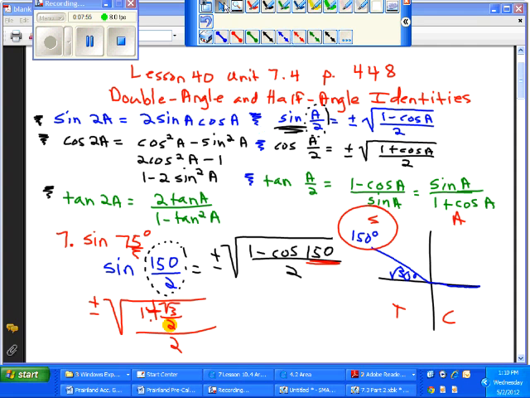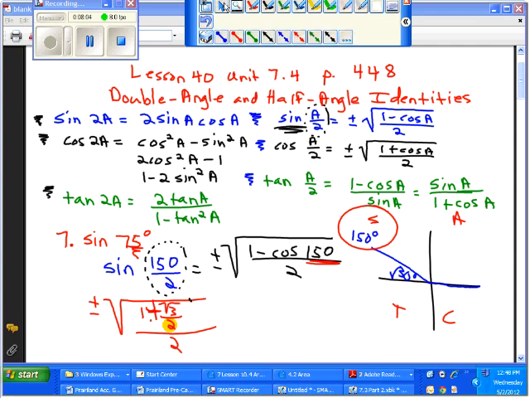Now, we could reciprocate and multiply, or we could, at this point, just say, I want to get rid of that complex fraction situation, and I'm going to do that by multiplying the numerator and denominator by the denominator I don't like. I'm going to multiply the numerator and denominator by the numerator's denominator. That sounds kind of weird, I know.